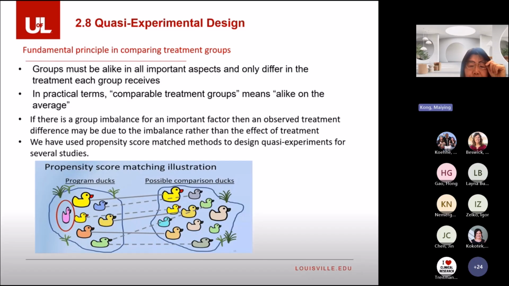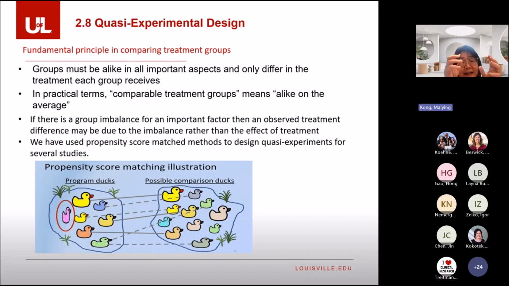We have used the propensity score matched method to design quasi-experiments for several studies. I tried to find an illustration to show what the match is. We have the treatment group in the left panel, and then a big pool of control patients. We look at their basic characteristics.